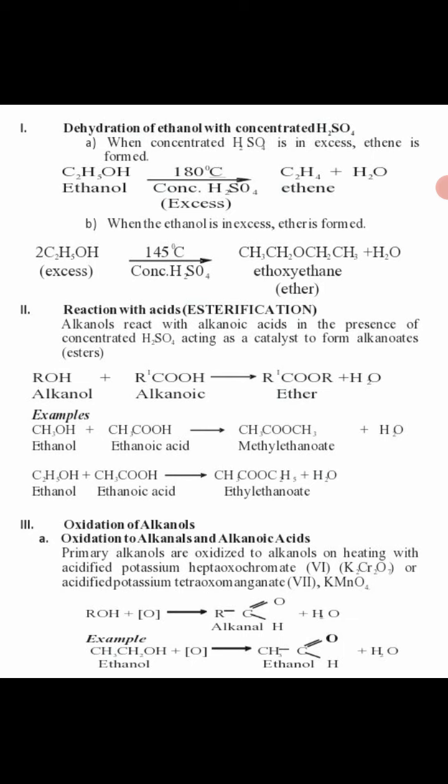When you react ethanol plus ethanoic acid, you have ethyl ethanoate and water. So esterification is the reaction between an organic acid called alkanoic acid and an organic base called alkanol to give an organic salt known as ester or alkanoate and water.